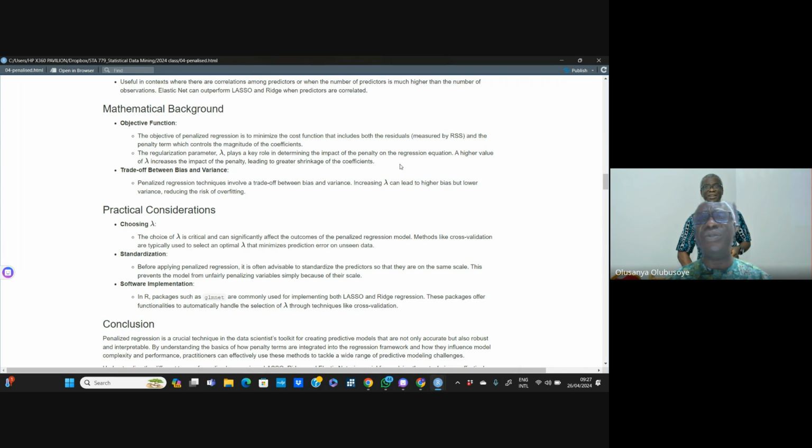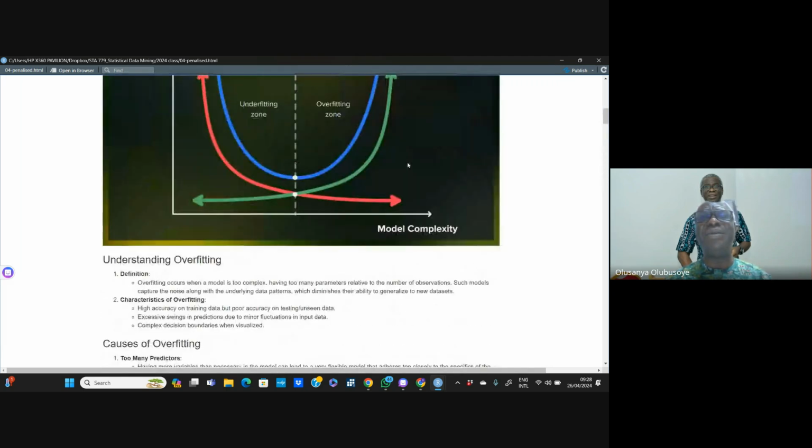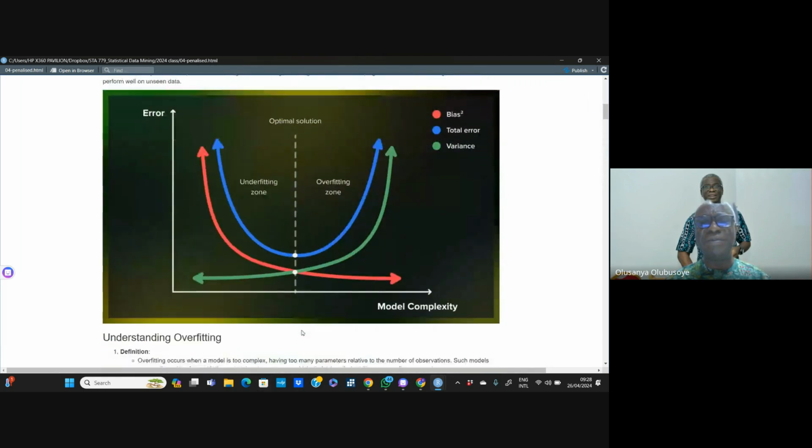You are trying to do a trade-off between bias squared and variance. As I've explained earlier, maybe you started with a very complex model.